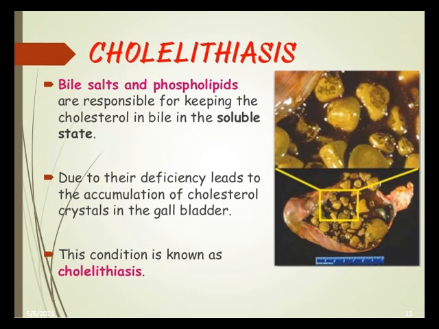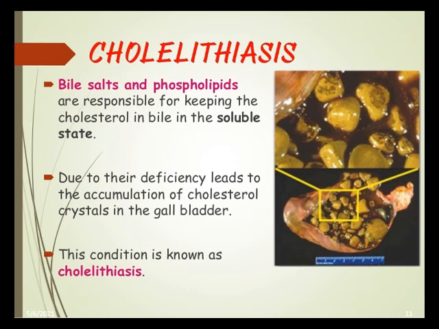Now the clinical application of bile acid synthesis, that is cholelithiasis, that is gallbladder stone. Bile salts and phospholipids are responsible for keeping the cholesterol in bile in the soluble state. But a deficiency of bile salts and phospholipids can lead to the accumulation of cholesterol, and it can develop in the form of cholesterol crystals in the gallbladder.